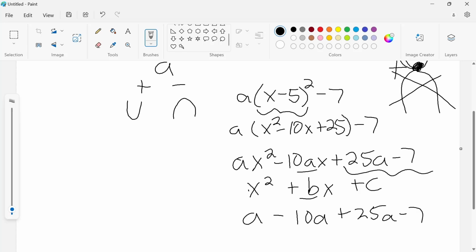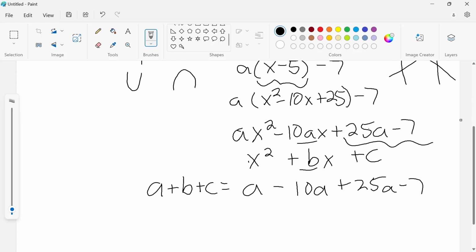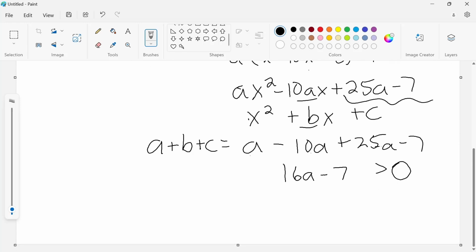So now a plus b plus c equals a minus 10a plus 25a minus 7. Well, a plus 25a is 26a, minus 10a is 16a, minus 7. And I know that 16a minus 7 has to be greater than minus 7 because a is greater than 0. This is an upwards opening parabola.